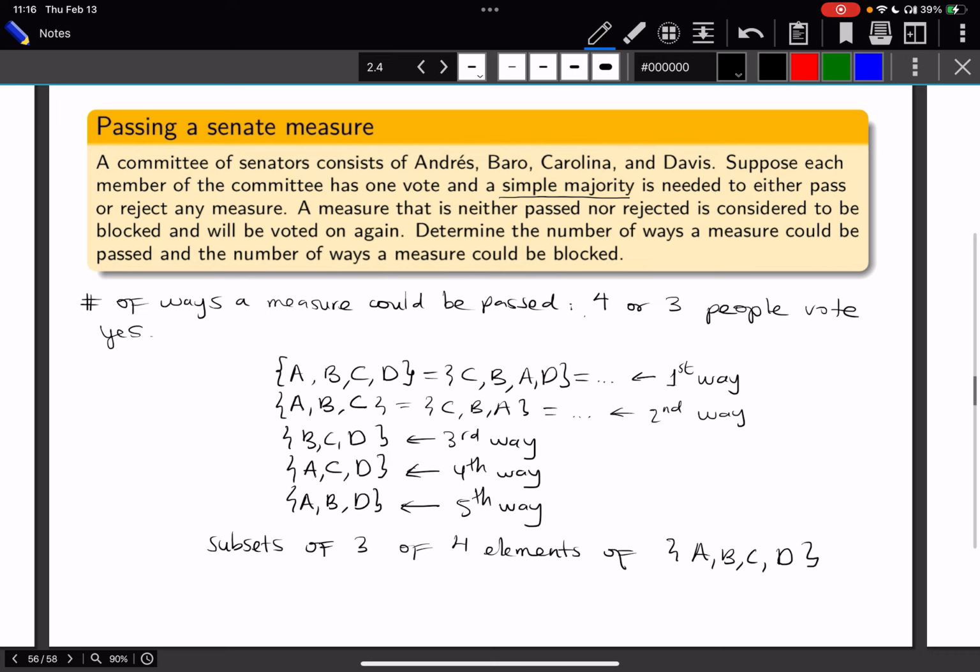So the answer is there are 5 ways in which a measure could be passed.